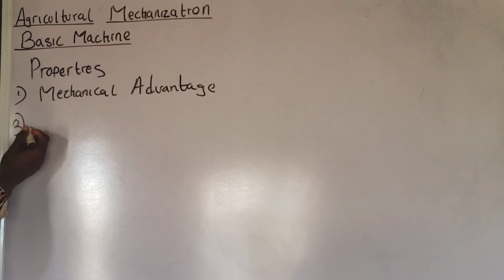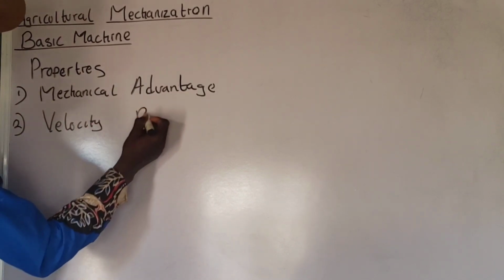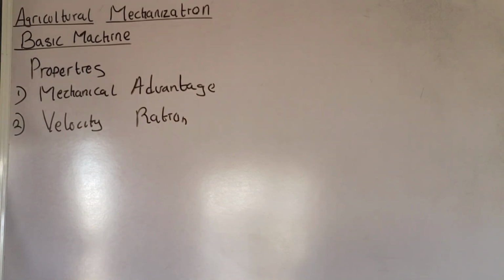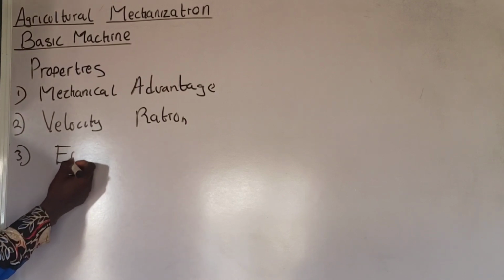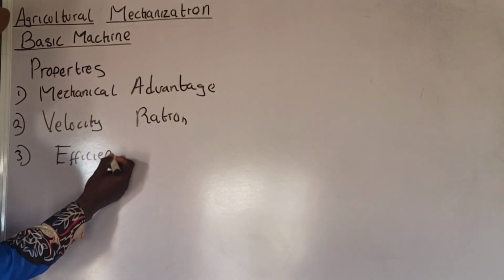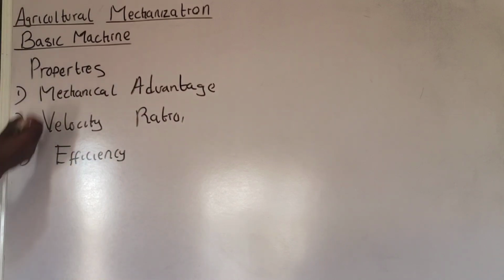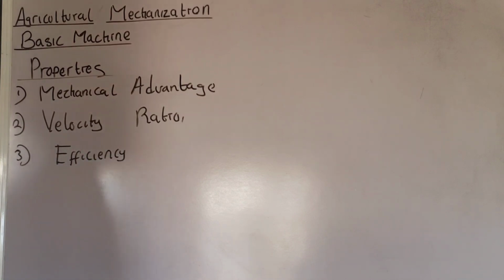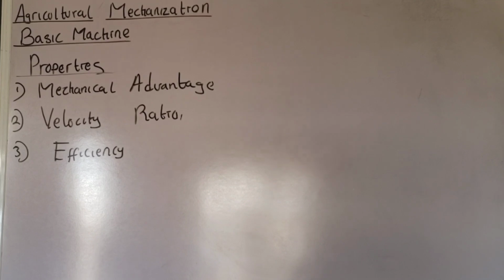The second property is the velocity ratio. And the third property is the efficiency. All these are the common properties to the aforementioned basic machines.